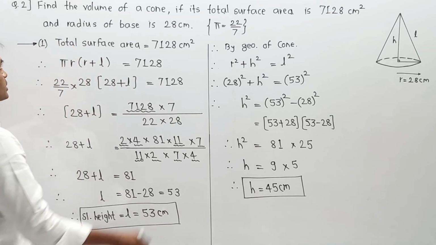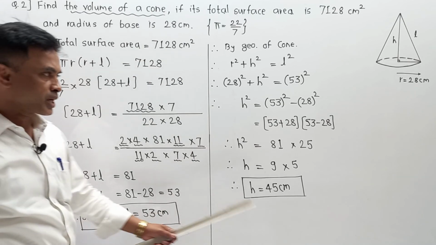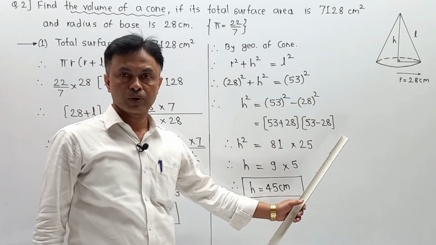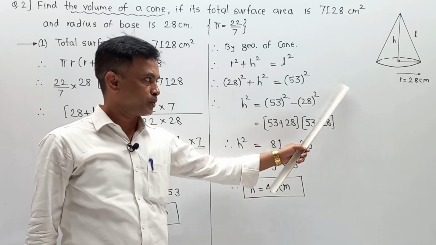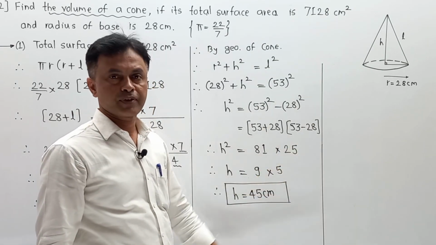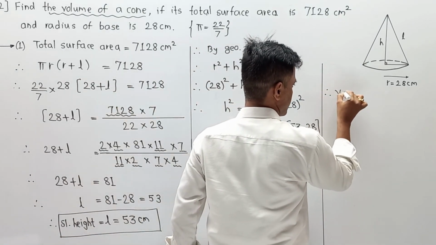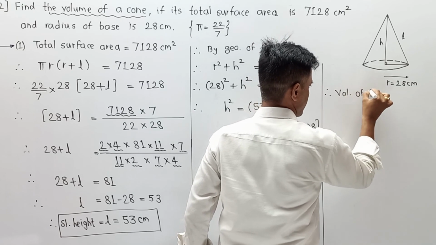Still our target is incomplete. Why? Because they have asked us the question, find the volume of a cone. So starting the calculation for volume of a cone. Please pay attention. Now for the third step of the calculation, the volume of a cone.